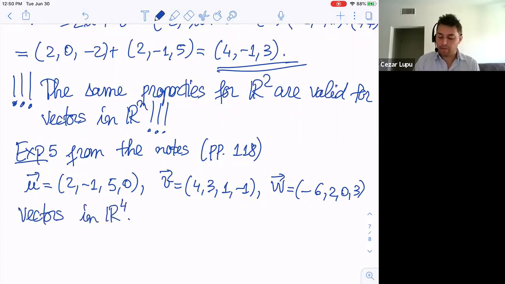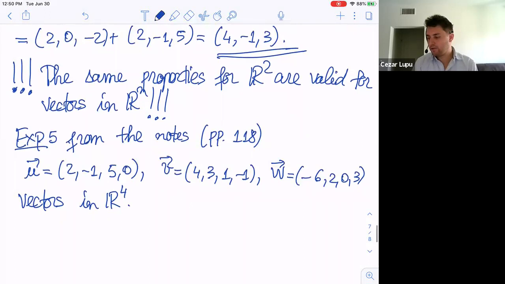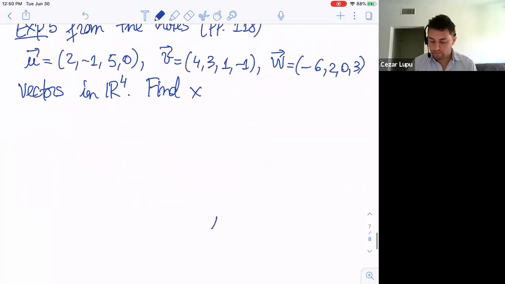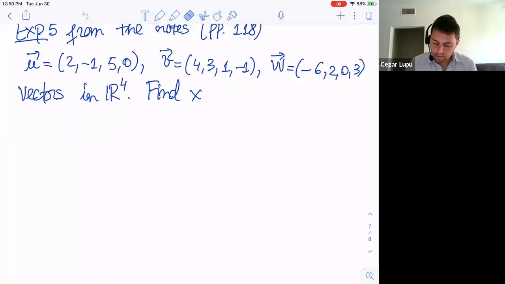And the same type of operations we can do. So we are asked to, okay, in fact, let's do one of them. Find x using each equation.